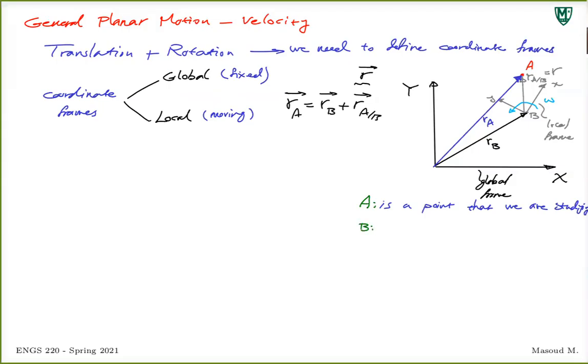B is the origin of the local frame. RA is the position of point A. We can write position of A in global frame.